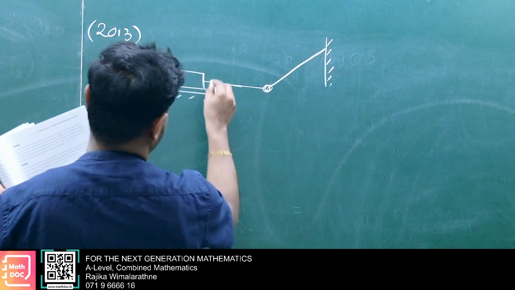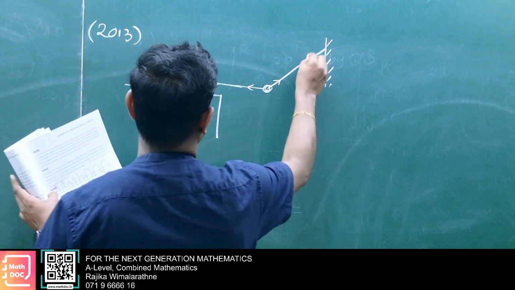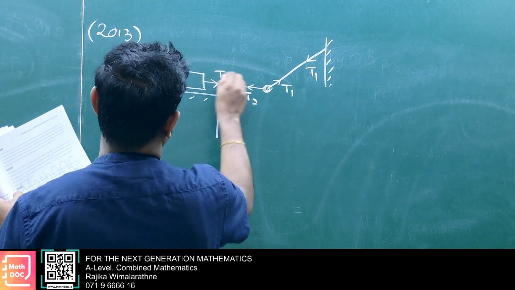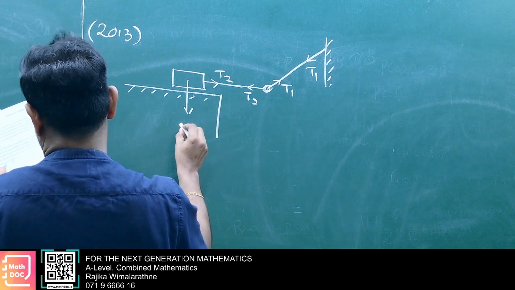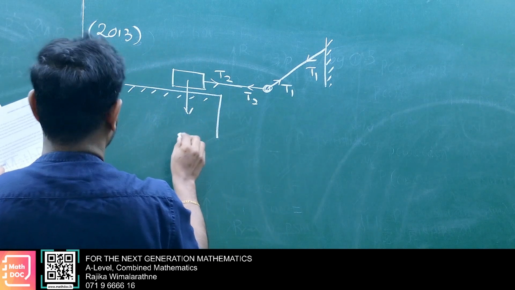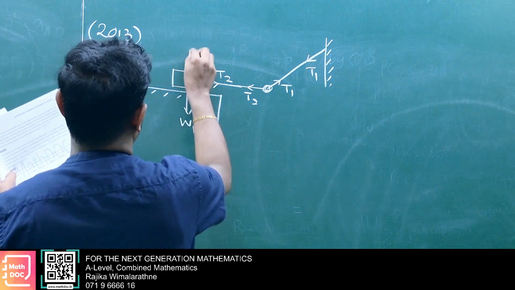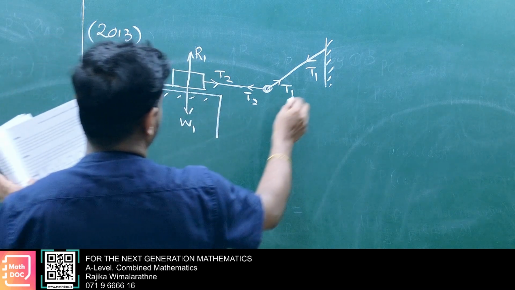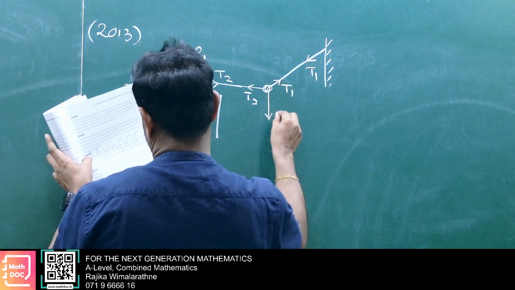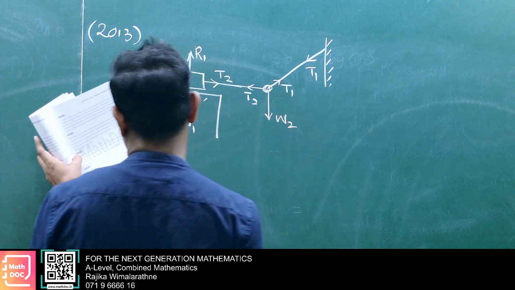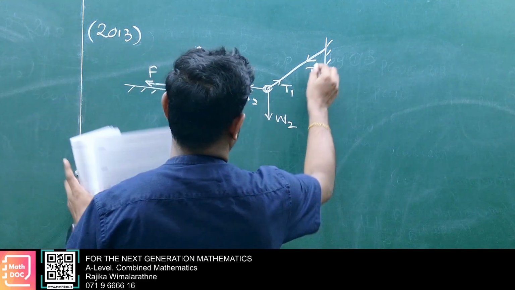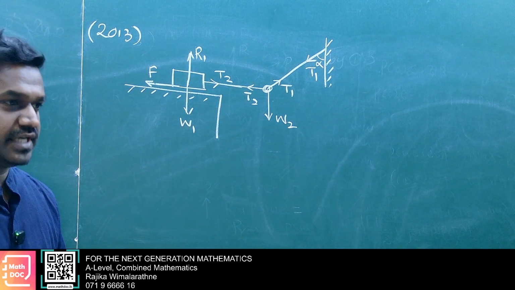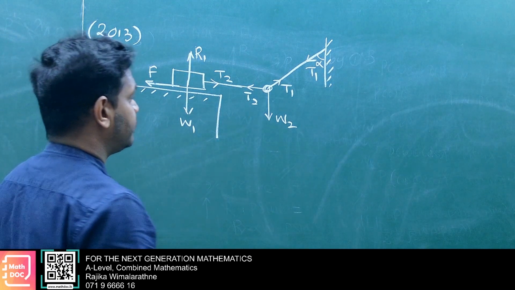Now here the diagram: two strings T1, T1, T2, T2, block weight W1, reaction R1, friction F. Then here weight W2, inclination alpha. Now we can see two objects. Then you resolve forces.